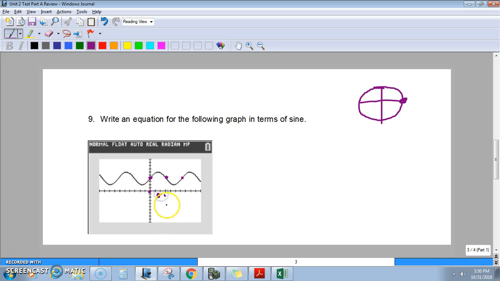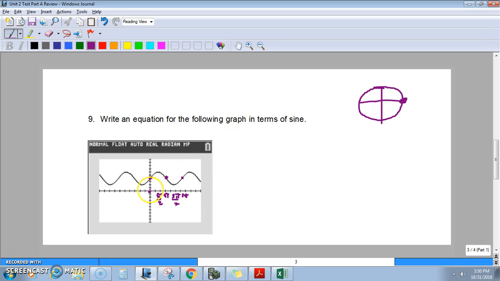This will be pi over 2. This will be pi. This will be 3 pi over 2. And then this will be 2 pi over here.